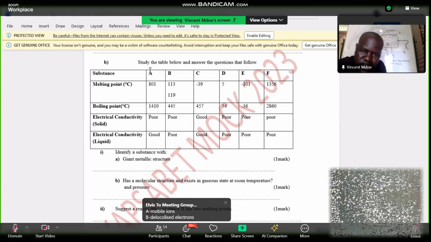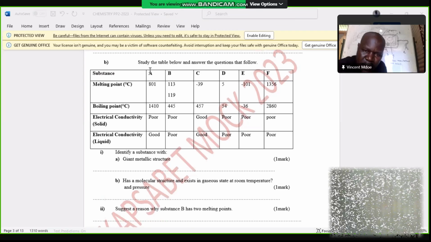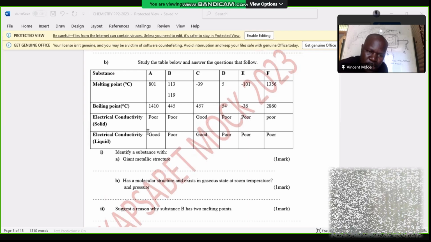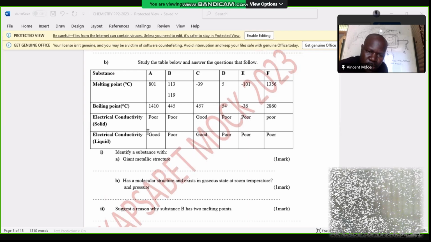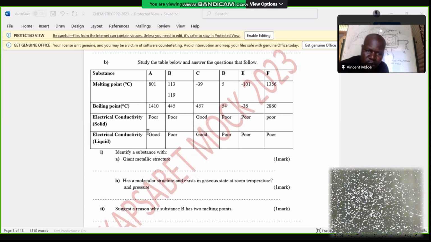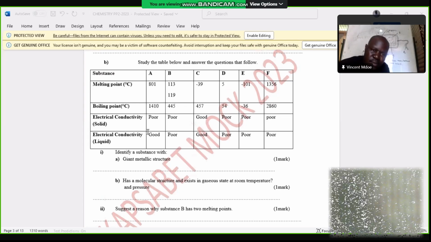Cynthia, that is very correct. Samson also agrees. Elvis, A mobile ions, C the localized electrons. So that is the difference.